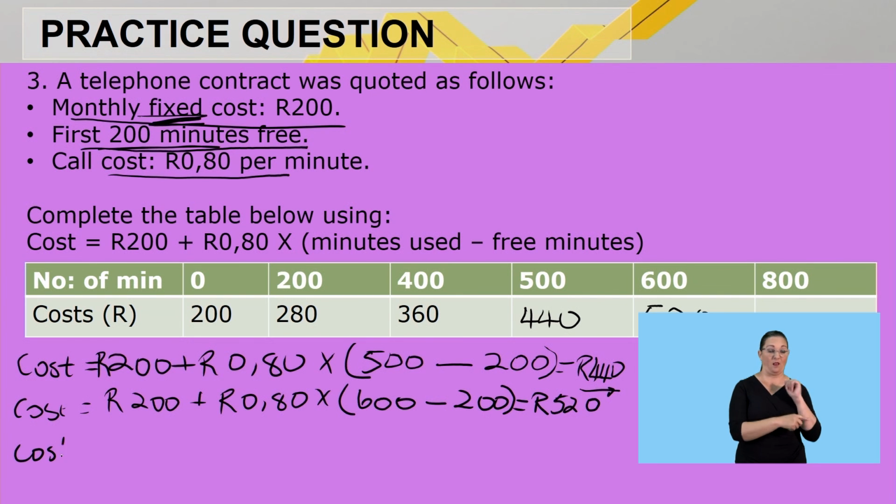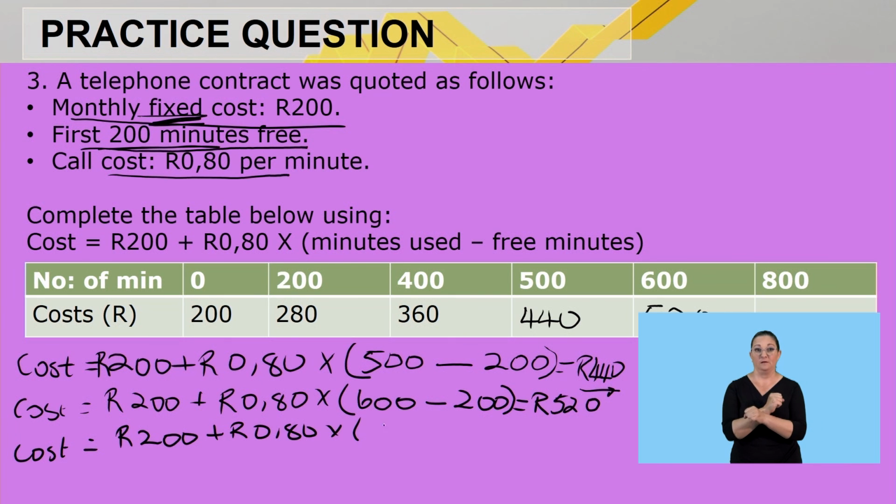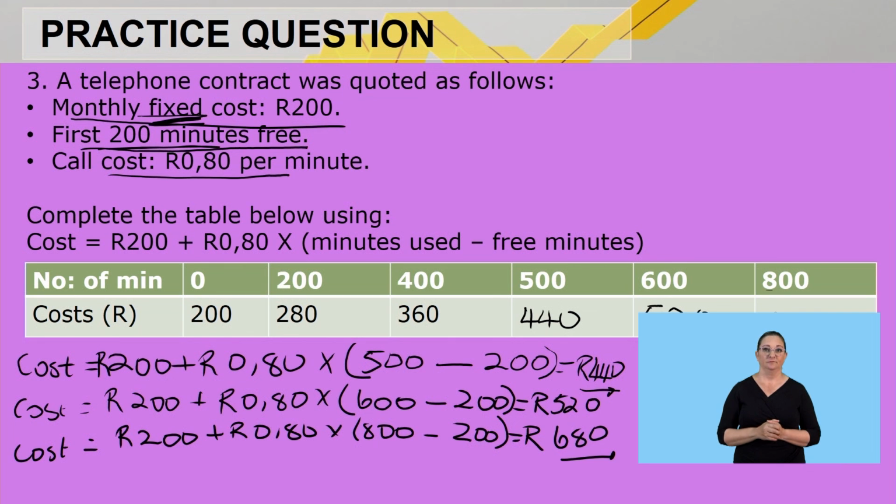And then the last value, the standard value of 200 plus 80 cents multiplied by, we have used 800. Then we subtract the 3 minutes. So in total, we will be paying 680. So that's how we can work out the bill to be paid when using a prepaid tariff.